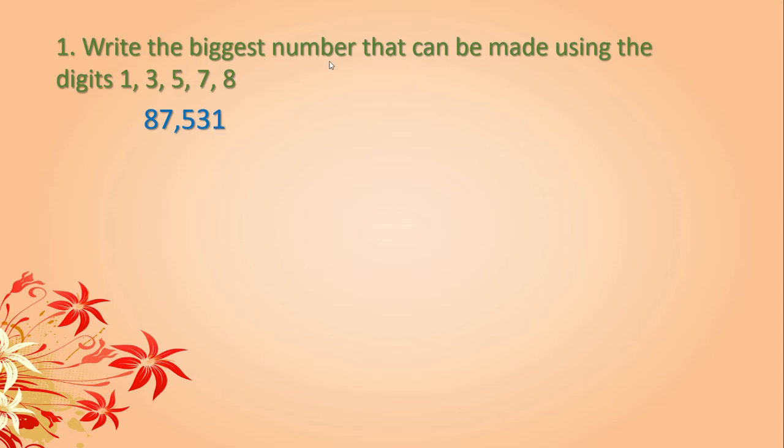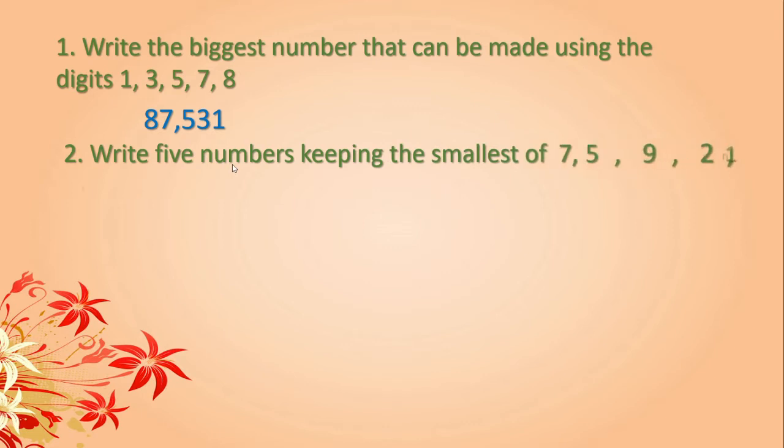Here biggest number is asked, so we have taken the big number first and we move towards the smaller number. If they have asked the smallest number, means what we have to do? We have to write first the small numbers, then move towards the bigger numbers. That is 1, 3, 5, 7, 8. Means 13,578.